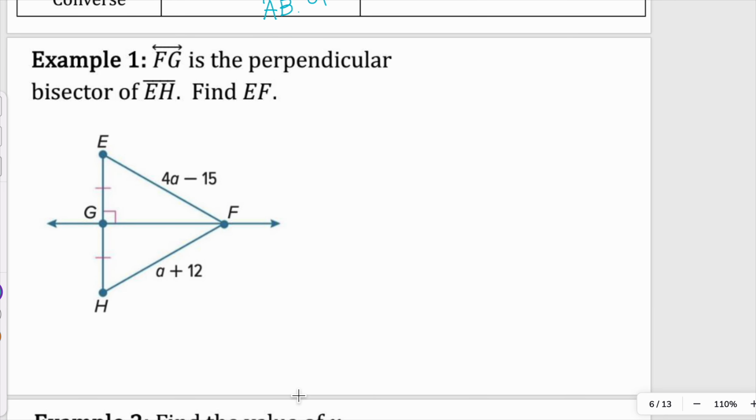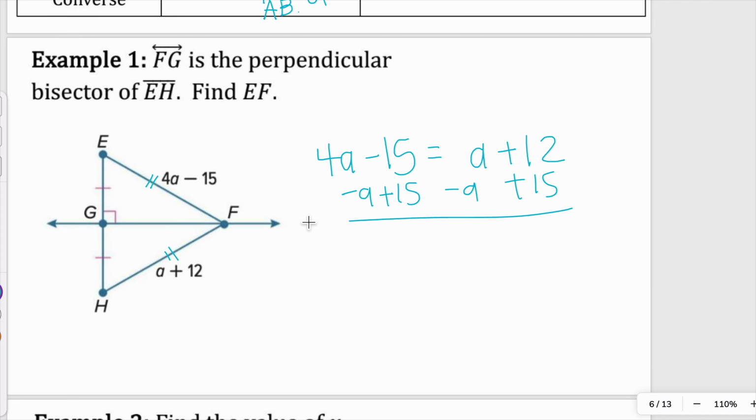So example 1, line FG is the perpendicular bisector of EH. Find EF. So because FG is showing the perpendicular bisector, that means EF is congruent to HF. So I can say 4A minus 15 is equal to A plus 12. I'm going to go ahead and solve for A, subtracting A on both sides and adding 15 to both sides.